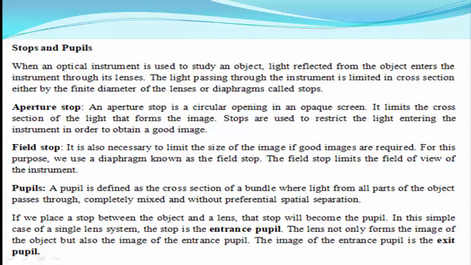In this simple case of a single lens system, the stop is the entrance pupil. The lens not only forms the image of the object but also the image of the entrance pupil. The image of the entrance pupil is the exit pupil.